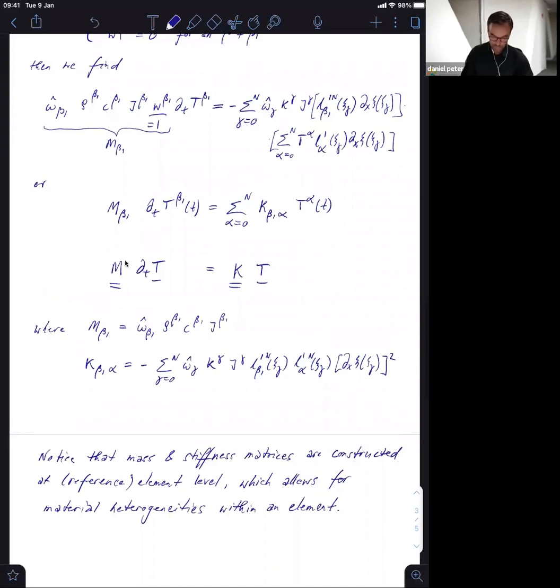So you see density, capacity, conductivity, they're specified at the element level.